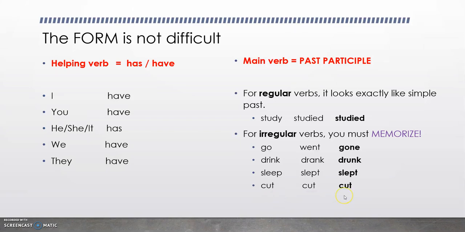Cut, cut, cut. Now a tricky one is the verb read. Read, read, read. The spelling is the same, but the pronunciation changes. Anyway, if you know your irregular past participles, that's the main hurdle, and this form is not terribly difficult.